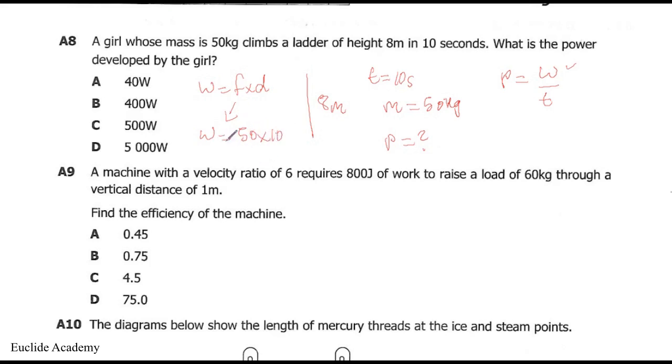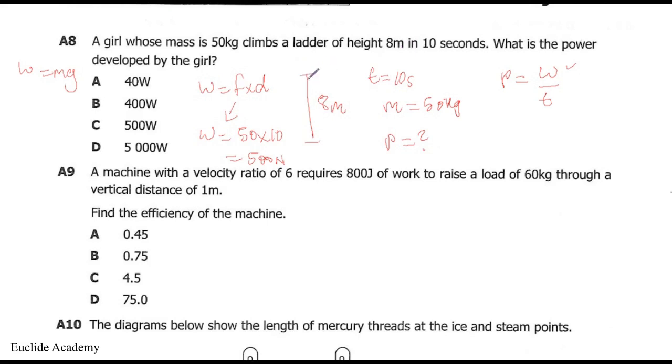We already solved the formula for finding weight. We said weight is equal to mg. So her mass times gravitational field strength will give us 500 newtons as her weight. So she climbs a height of 8 meters.